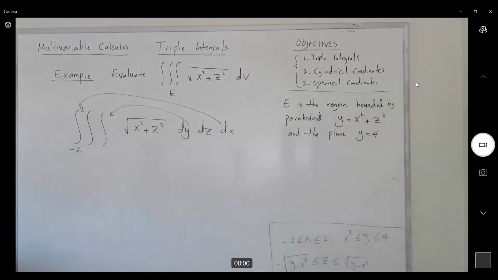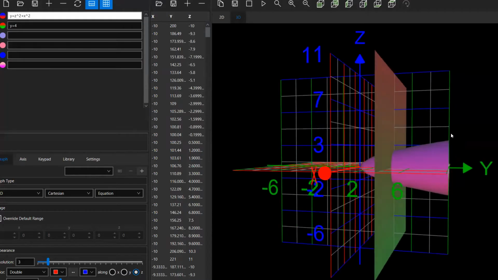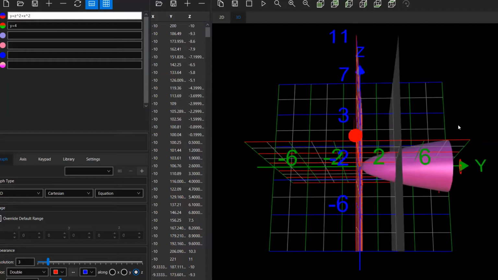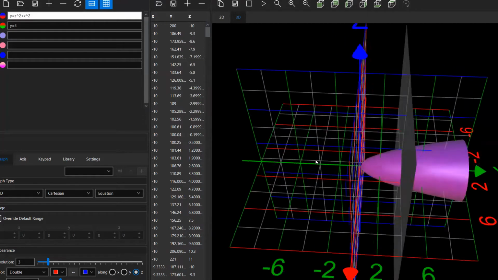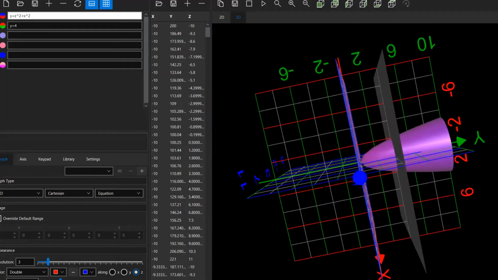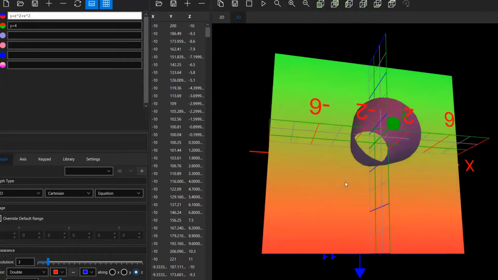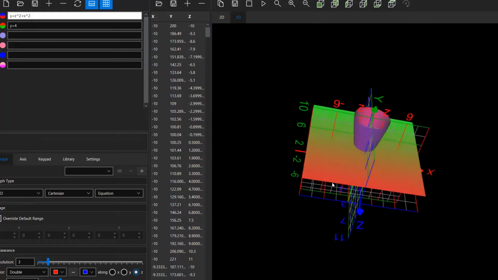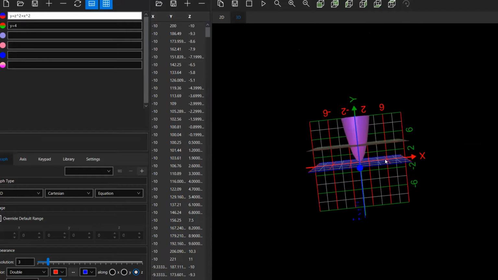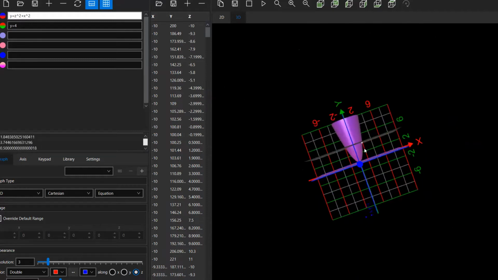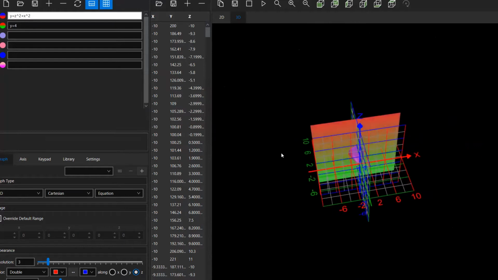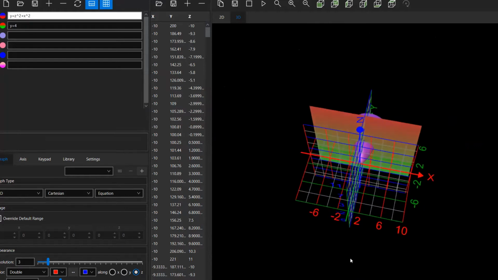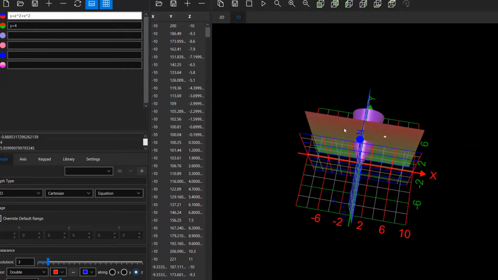Let's take a look at our 3D image here. Take a look at this. Your y is bounded from below by x squared plus z squared, and on top, it's bounded by the plane y equals 4.